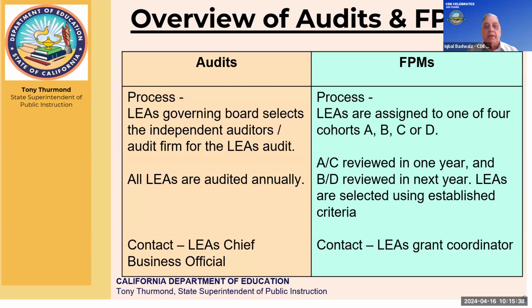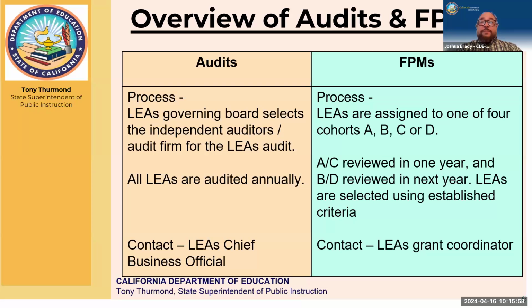The law requires the auditors to submit their audit report by December 15th, 2024 for the school year 23-24. So the auditors are likely to be at your district. You should reach out to your business official to find out more details. Josh? Great, thank you, Iqbal.